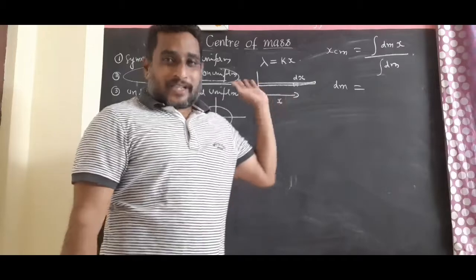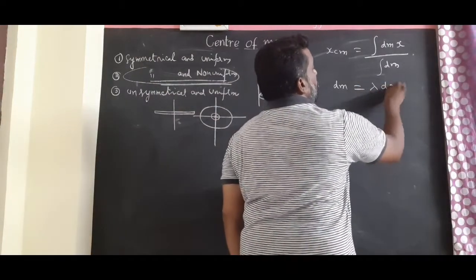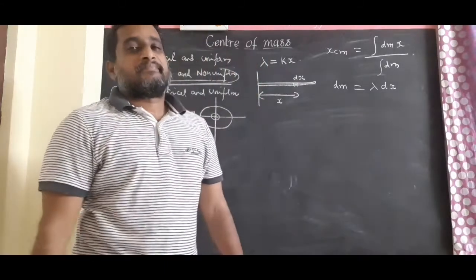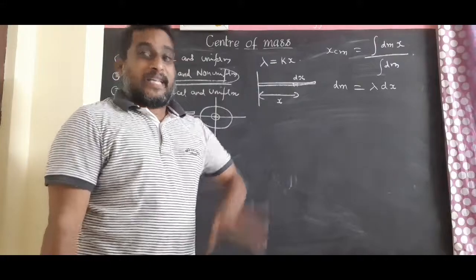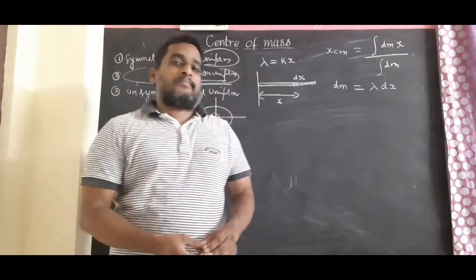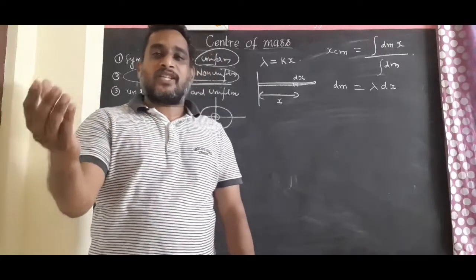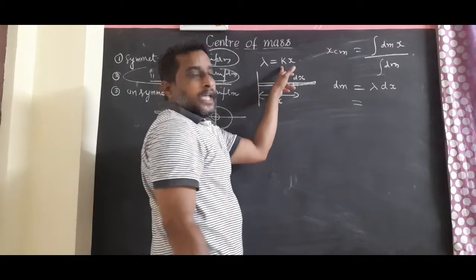As the distribution of mass is linear, the mass of that element will be lambda into dx. But in this example, lambda is not constant. In the previous example, as the distribution of mass is uniform, we took that lambda as constant. Now lambda is given as kx.